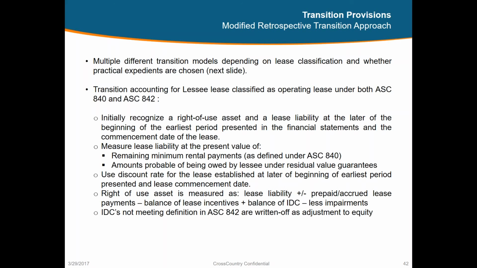However, it is also different in that it applies the definition of lease payments under topic 840 and does not use a discount rate established at the commencement date of the lease, unless the lease was entered into between the date of initial application and the effective date. An example of transition accounting for an operating lease is included in Appendix 4. This example reflects the use of practical expedients, which we will now discuss.